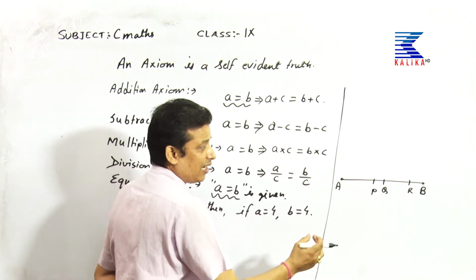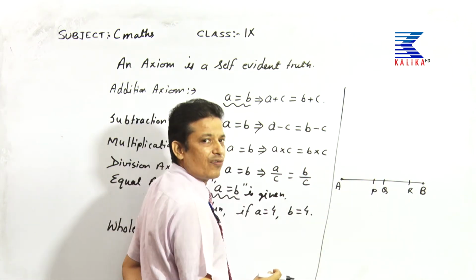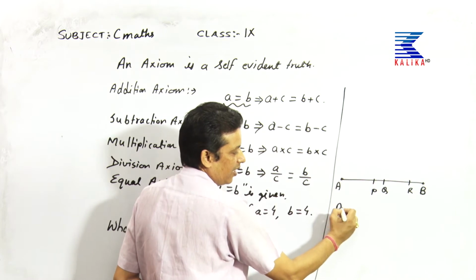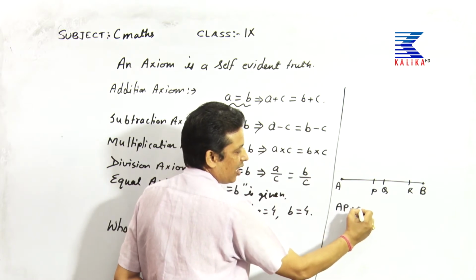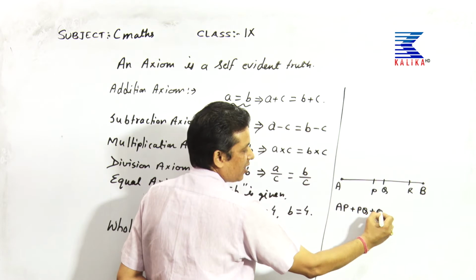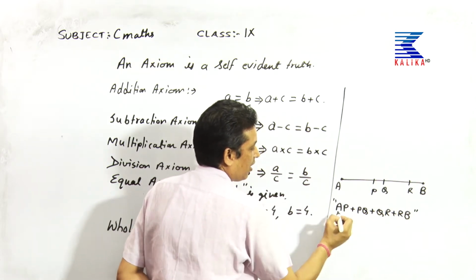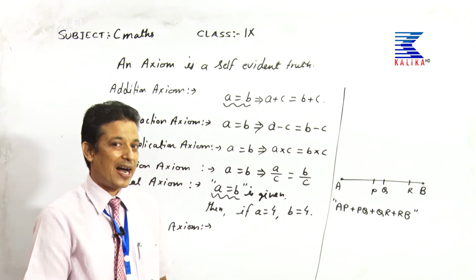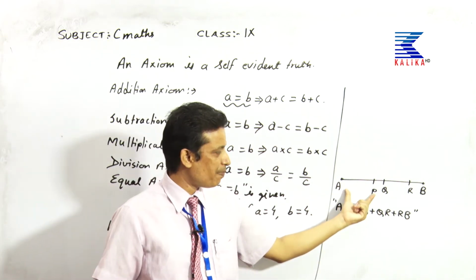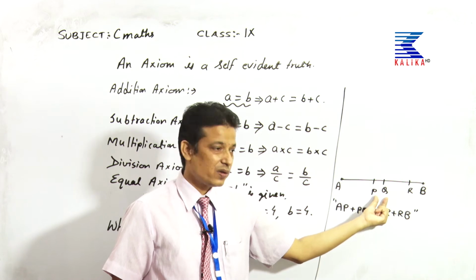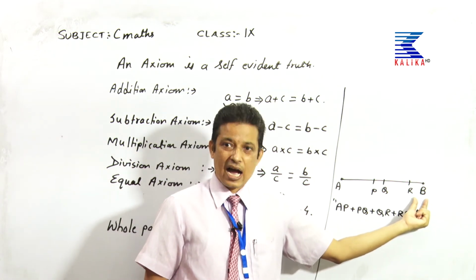So, look, let me take a part of line segment AB, AP at first, after that PQ, after that QR, after that RB. Look, I added all small parts, AP, then PQ, then QR, then RB.